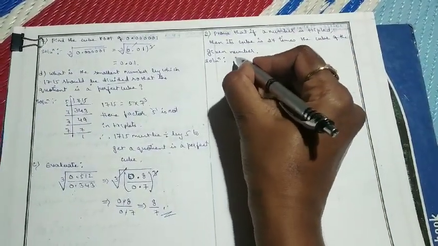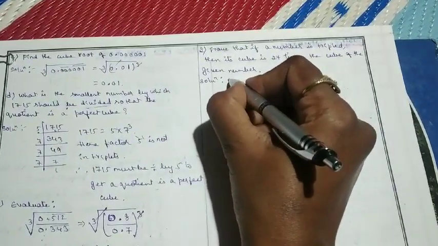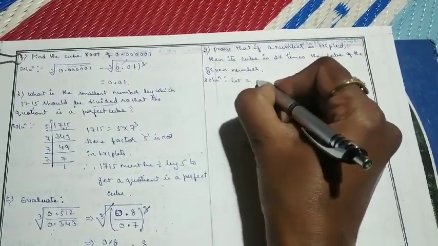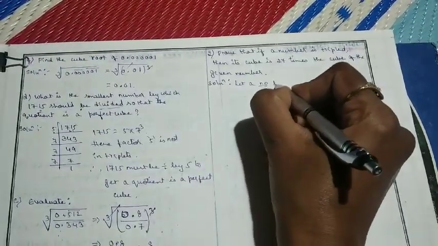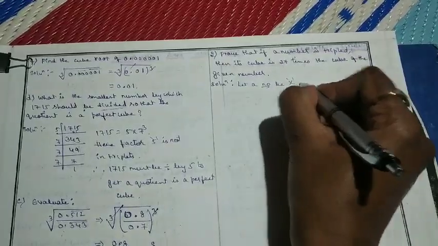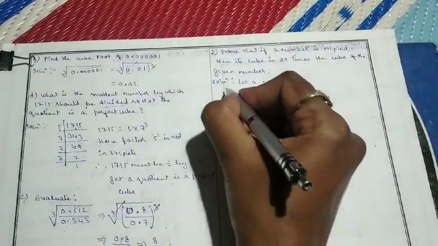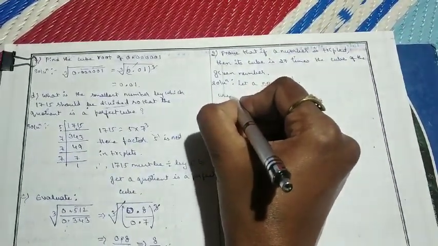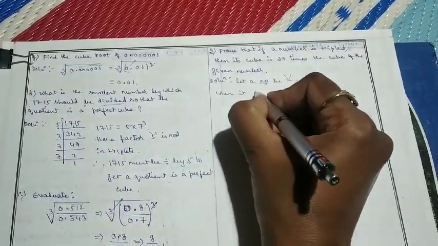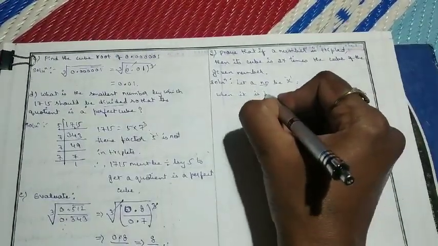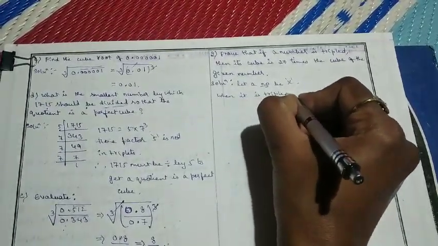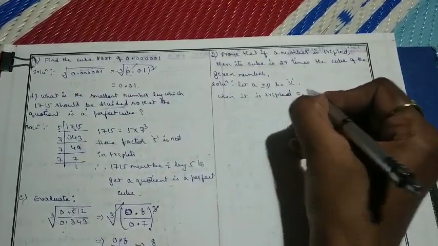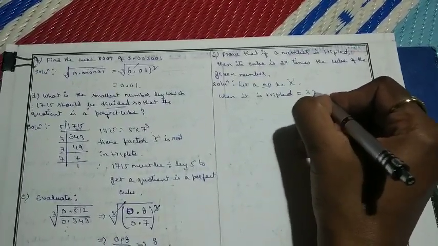So let a number be x. Then when it is tripled, tripled is nothing but 3 times, that is 3x.